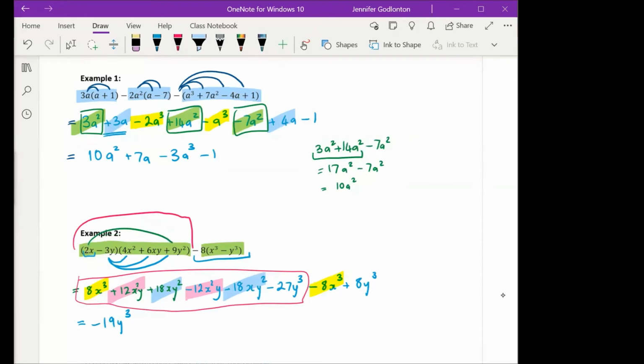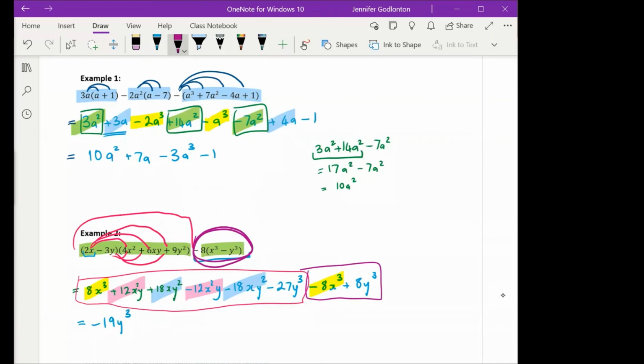To get those numbers, we multiplied the first term by everything, and then the second term by everything, and we got these numbers in that pink box over there. Then for the second part, all we did was distribution. We took that -8 into that bracket, and that's what gave us our -8x cubed and our 8y cubed, because a negative and a negative is a positive.